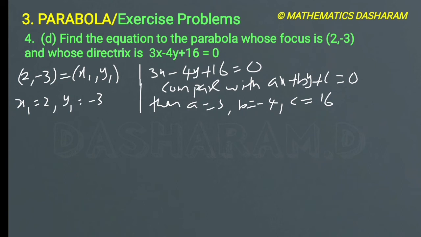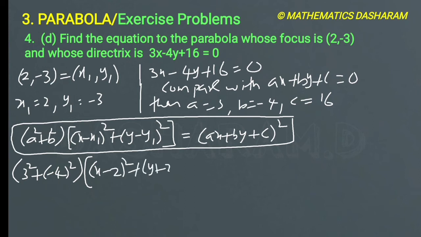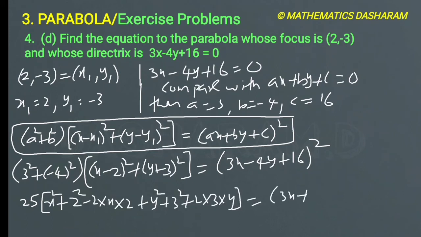Now the formula is, a value 3 square, b value -4 whole square, next (x - x1), x1 is 2, plus (y - y1), so (y + 3) whole square, equals (3x - 4y + 16) whole square. 3 square 9, -4 whole square 16, 9 plus 16 is 25. Here apply the (a - b) whole square, here the (a + b) whole square formula. So 3x plus (-4y) plus 16 whole square.